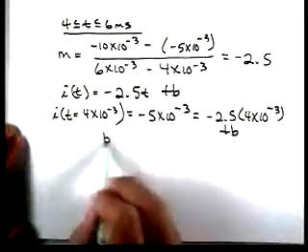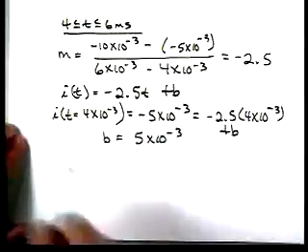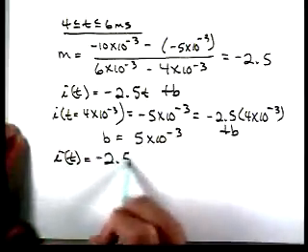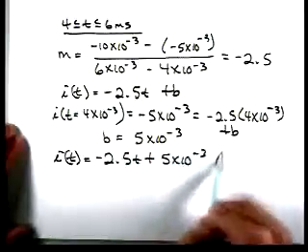So we solve and get b is equal to 5 milliamps. So the current over this interval is minus 2.5 t plus 5 times 10 to the minus 3 amps.